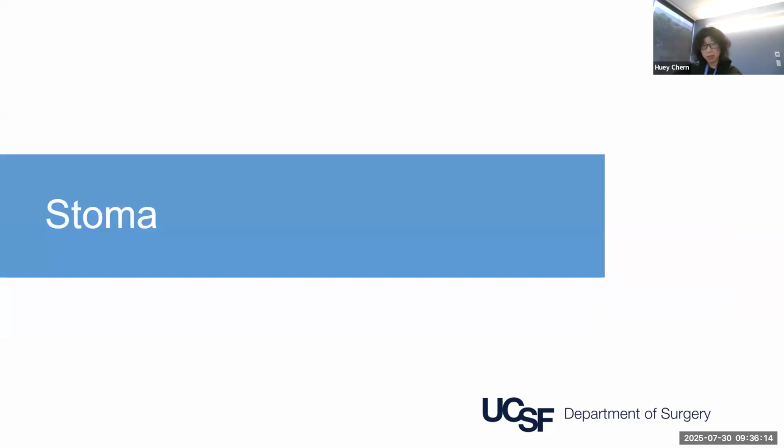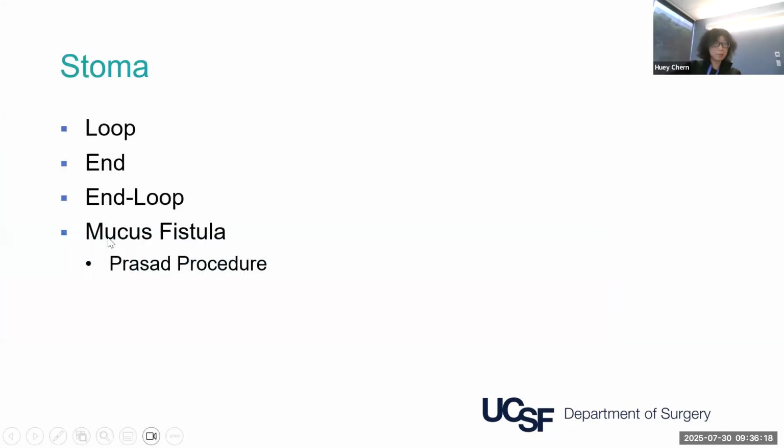So we can talk about stoma as well. There are many different types of stoma. It could be a loop stoma, it could be an end stoma, it can be an end loop stoma, and you may also hear the word mucus fistula.